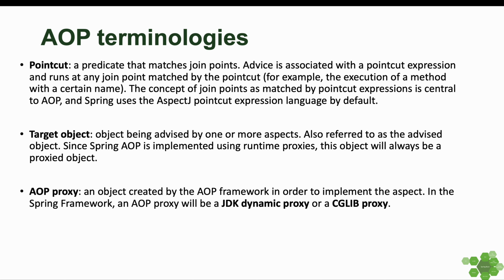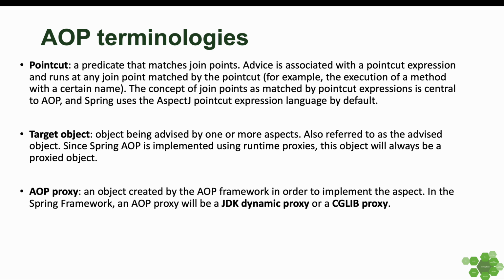In the Spring Framework, an AOP proxy will be a JDK dynamic proxy or a CGLIB proxy. The difference between these two is that a JDK dynamic proxy is only created if the pointcut expression resides in an object that implements one or more interfaces. In that case, Spring by default will generate a JDK dynamic proxy.